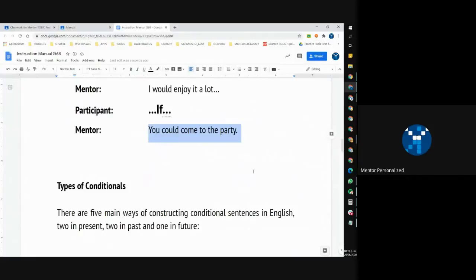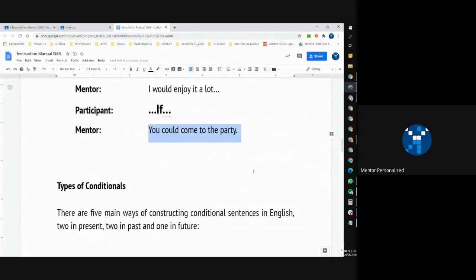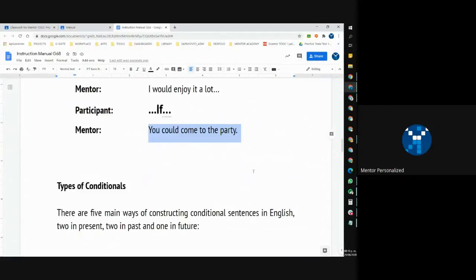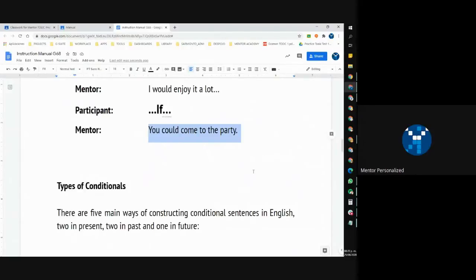I will go to the movies if I finish my work on time. I wouldn't have gone to the party if I had known what was going to happen. I would be an engineer today if I had finished my major.